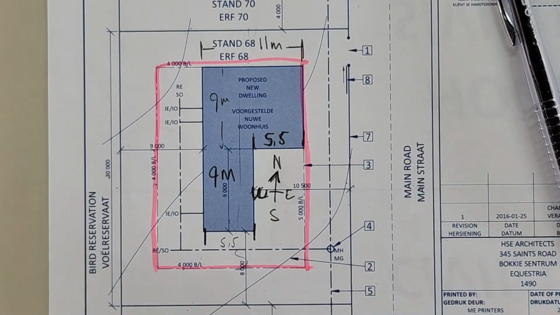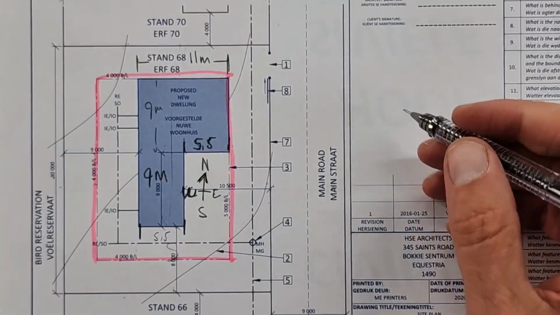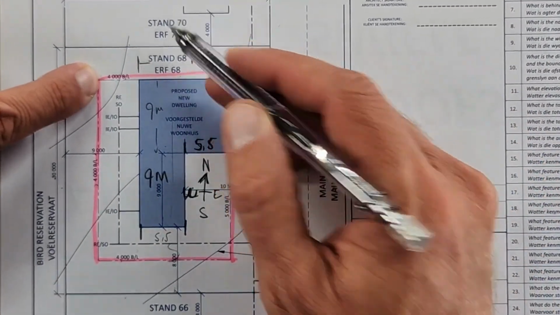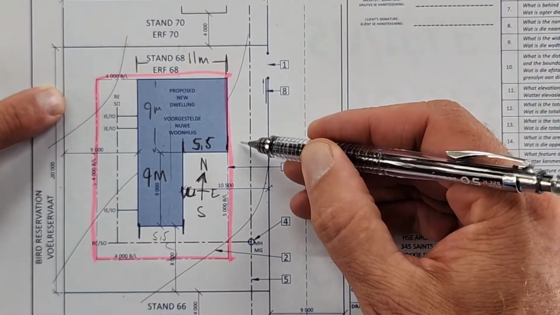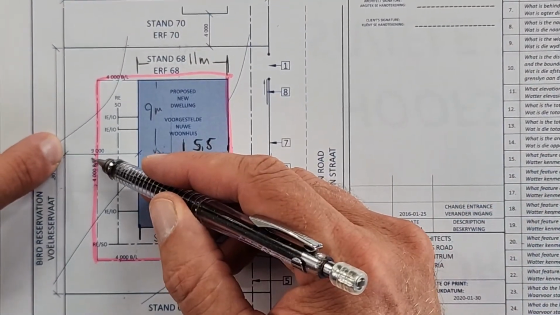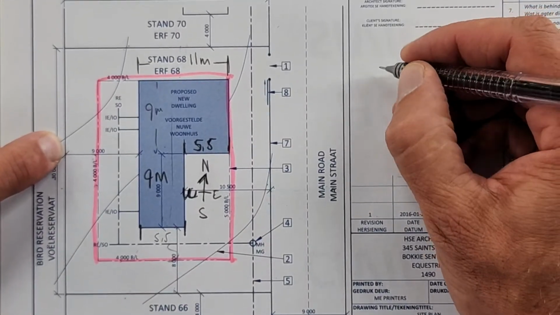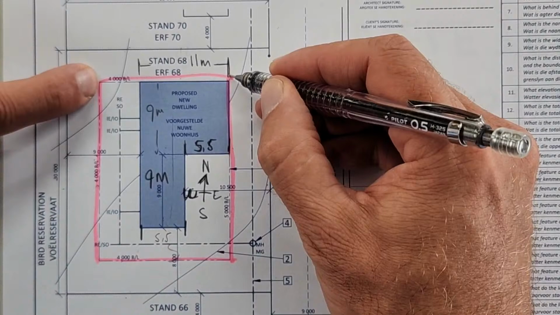Okay, so let's do that sum now. Let me do it here on the right hand side. So what is the total here? We've got 25, we've got 25 subtracting 5 and 4, it's 25 minus is 16 meters, that's that distance.